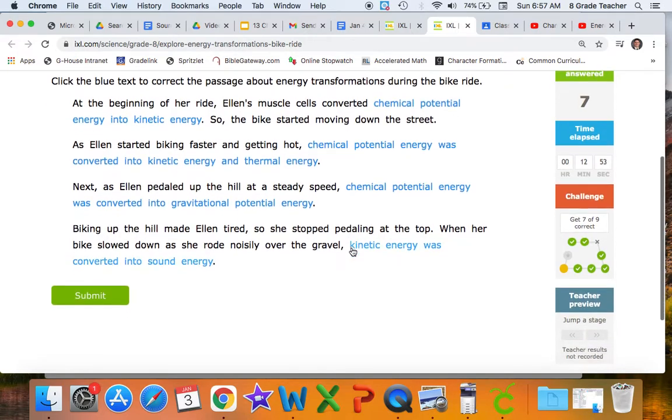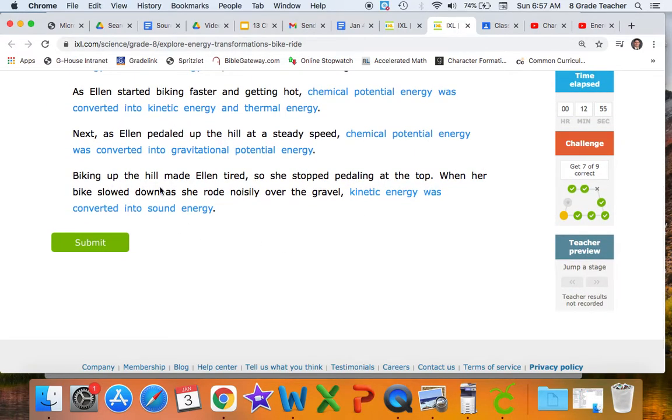Looks good. And lastly here, it says biking up the hill made Ellen tired, so she stopped pedaling at the top. When the bike slowed down as she rode noisily over the gravel, we'd say that kinetic energy was converted into sound energy.